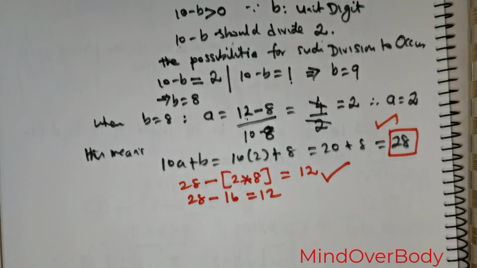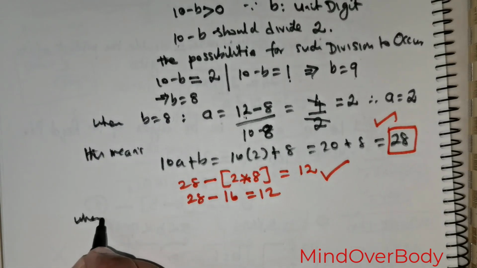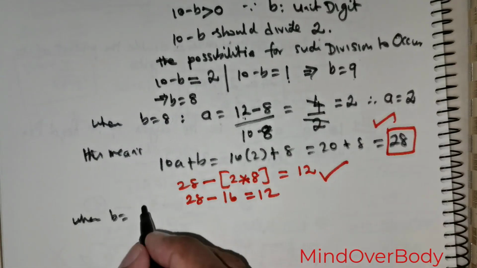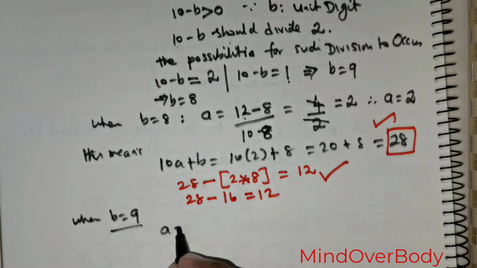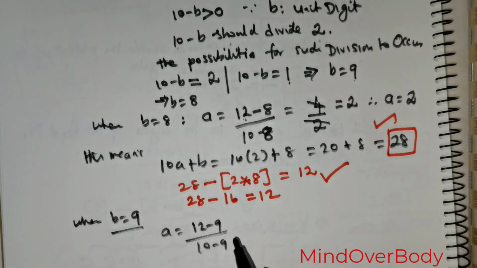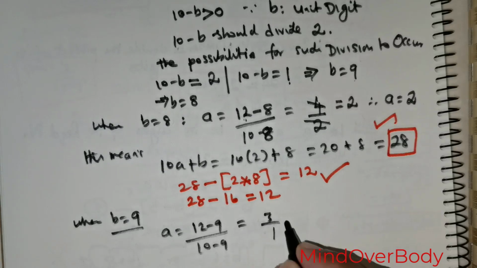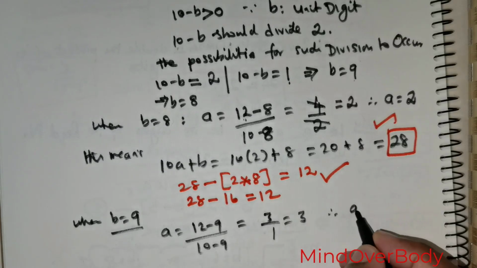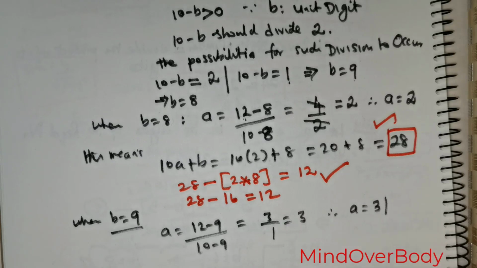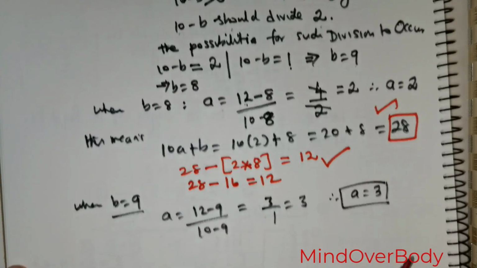Now let's check for the next value, when b is equal to 9. So when b is equal to 9, what happens? a = (12 - 9)/(10 - 9). This is going to be 3 divided by 1, which is equal to 3. Therefore the value of a is equal to 3. Now if a is equal to 3, what happens? Let's check it out.